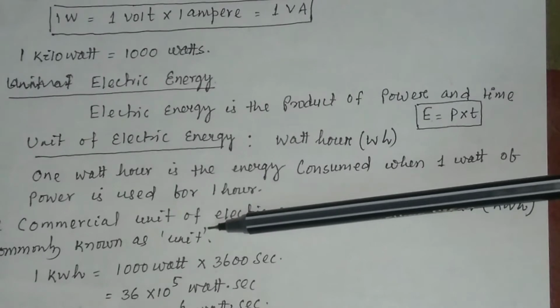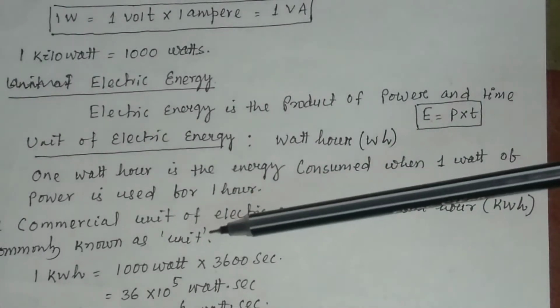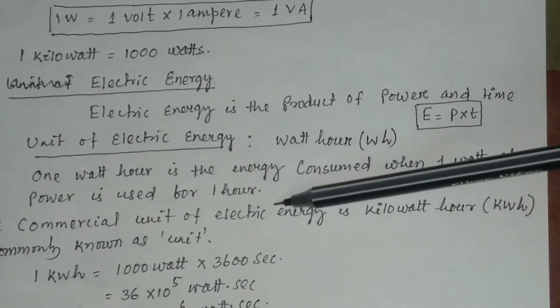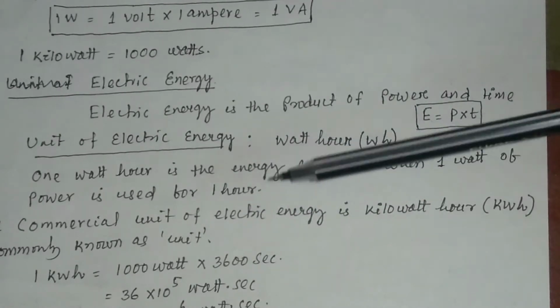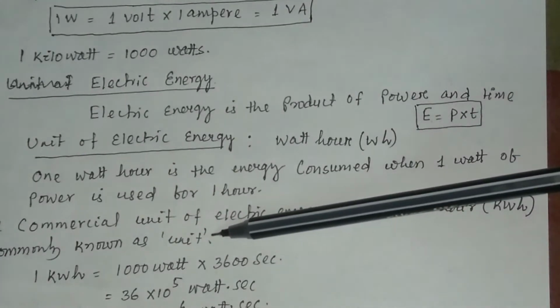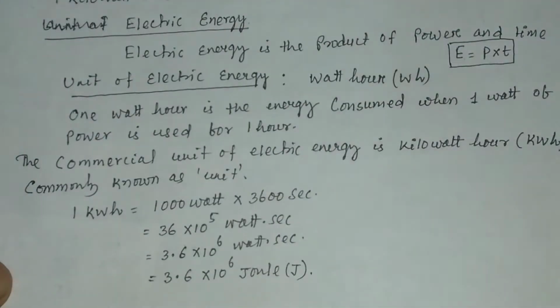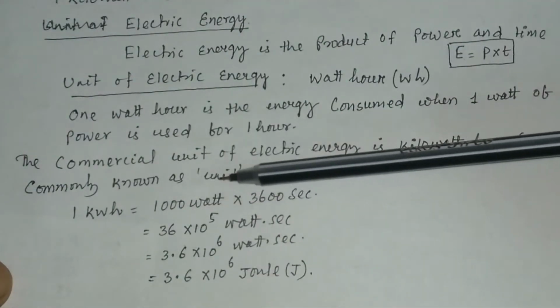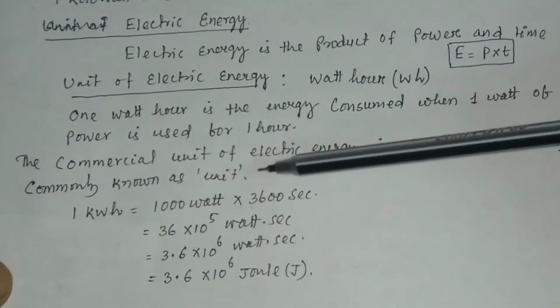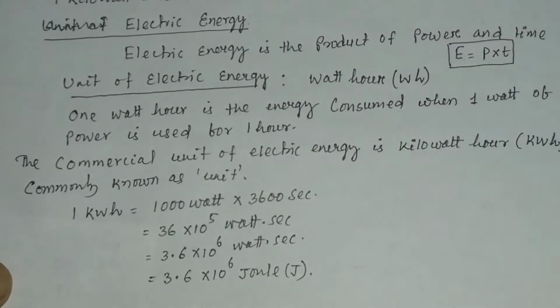In electricity, we generally pay for the amount of electric energy in terms of kilowatt hour or in terms of unit. You see, 1 kilowatt hour is equal to 1000 watt into 1 hour, that is 3600 second.